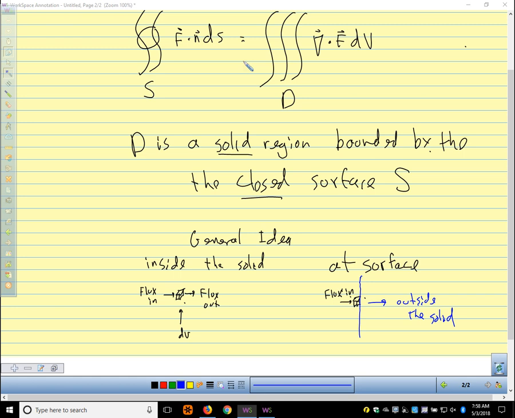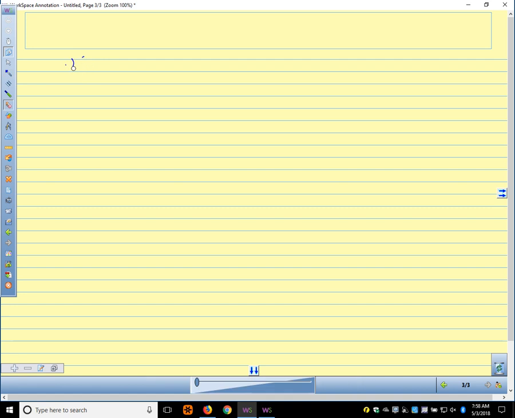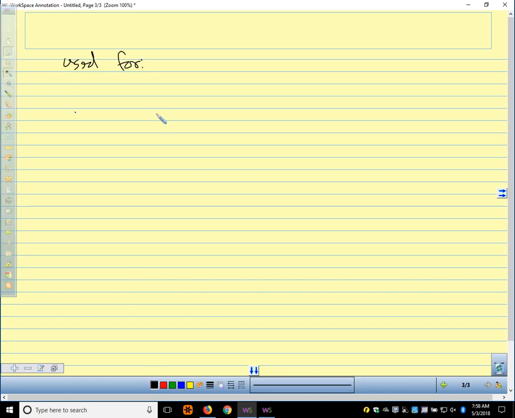All right, how we use the divergence theorem. When is it useful? It is useful for finding the flux outward through a closed surface.